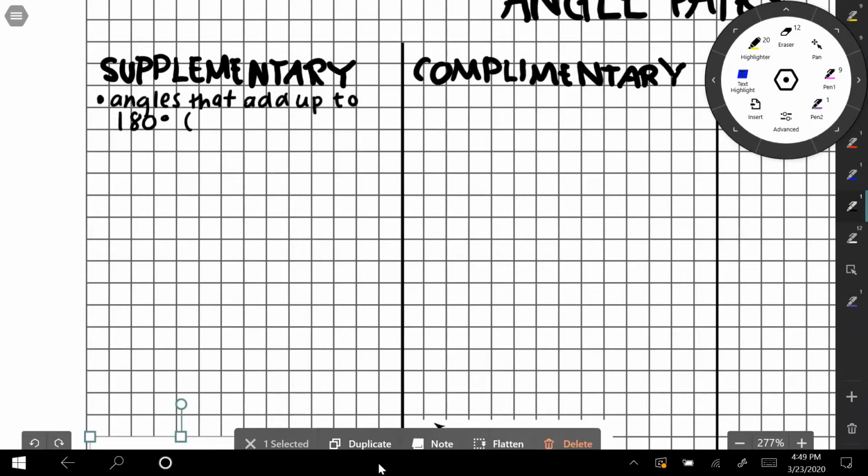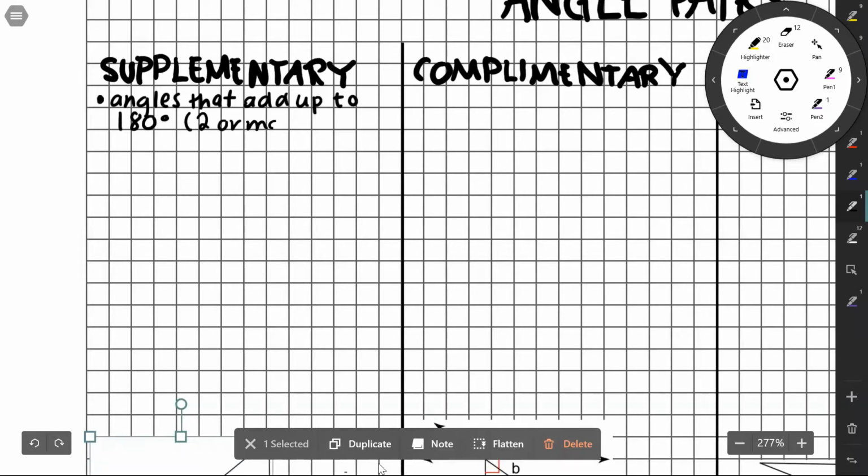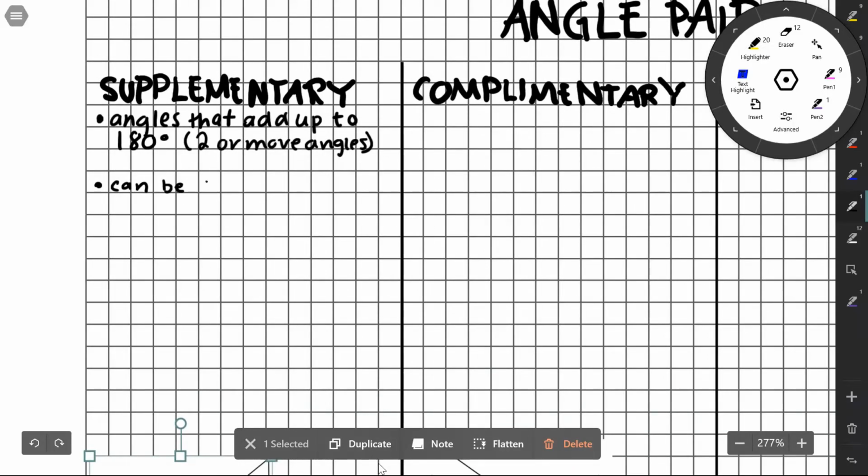Alright, this can be two or more angles. Alright, and supplementary angles can be adjacent, which means next to each other, or they can be separate.